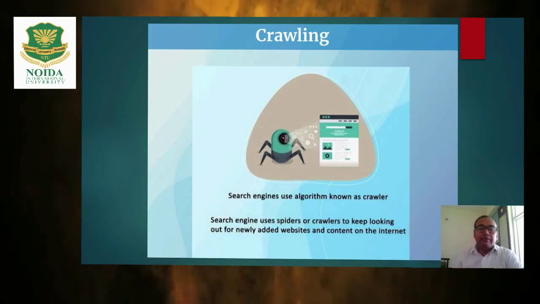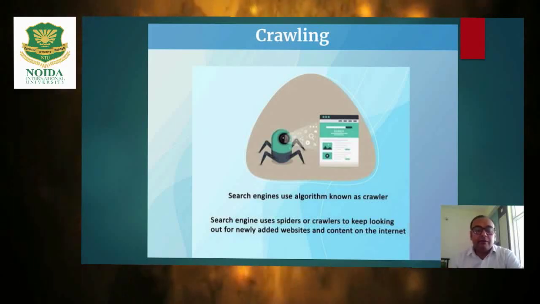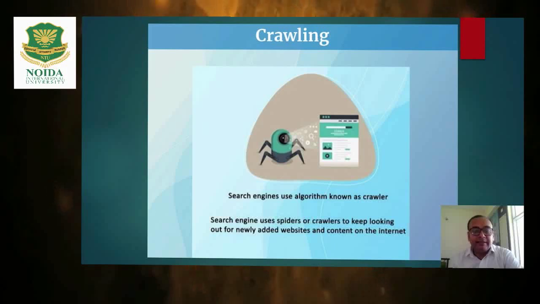Like if you have opted for a site, and you are looking for new shoes, there's a possibility that there are some new shoes in the market and you don't have the information. So what the crawler does, by using that algorithm, is provide the latest information, or add the website to your search engine page, for finding new things.